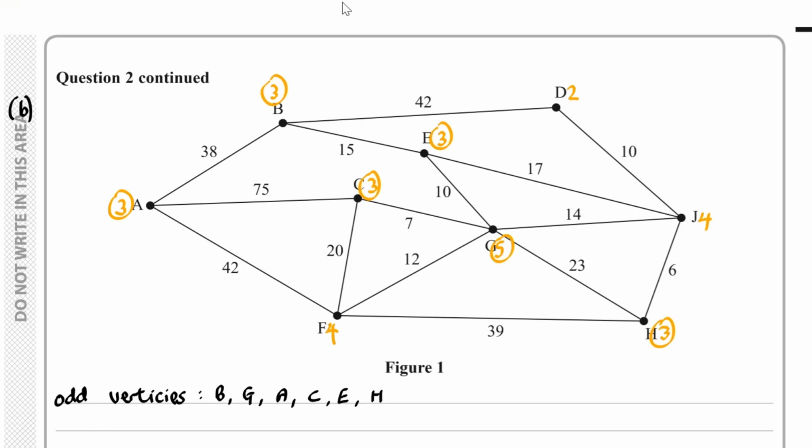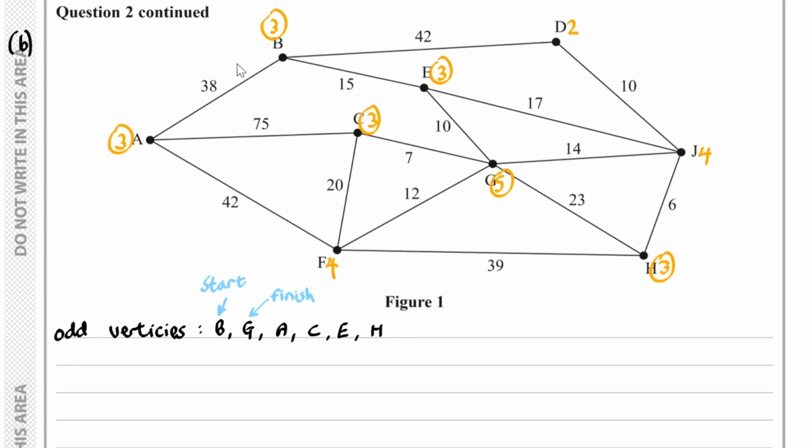And we were told in the question that we want to start at B, and then we want to finish at G. And because we have more than 4 odd nodes, we know that B and G, we're starting at B, we're finishing at G, and therefore B and G must remain odd. Let's write that down.